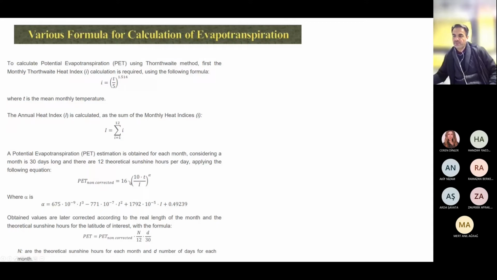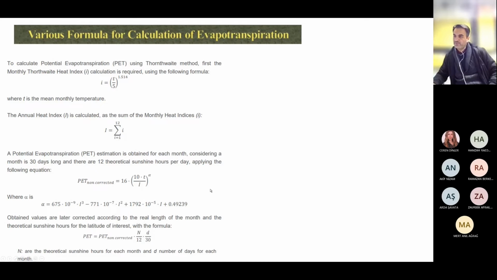For a region, here we have alpha, which is described here, and I, which is already given here, and also T is the time, which is 30 days for a month. Then this value is also adjusted, for the annual PET, based on the number of days in a month and the number of months that you calculated divided by 12 months in a year.